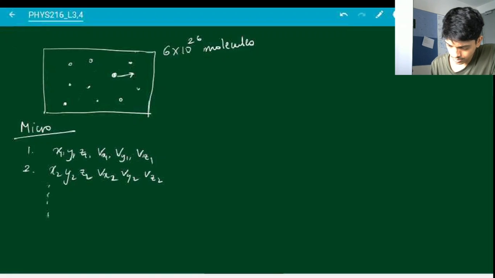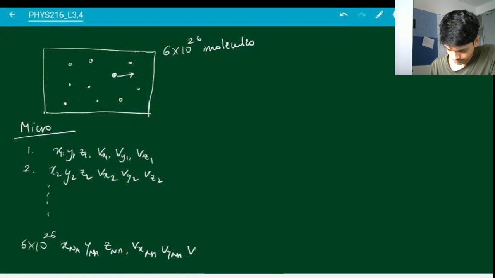And then you keep going like this all the way for all your Avogadro's number of molecules. So the last one has xN, yN, zN, vxN, vyN, vzN. So this is your complete description of your system. No more information is possible. You have all the positions and all the velocities of all the particles present over here.